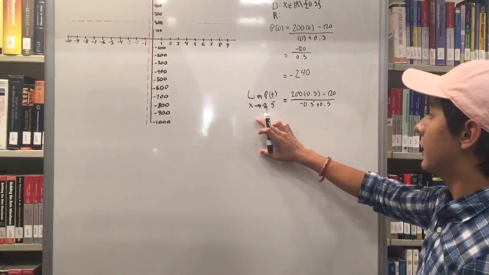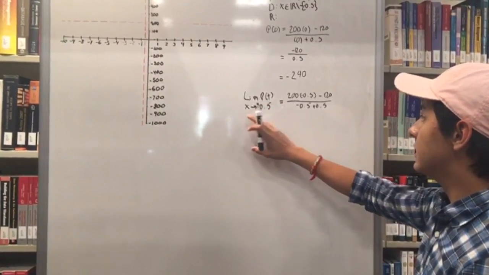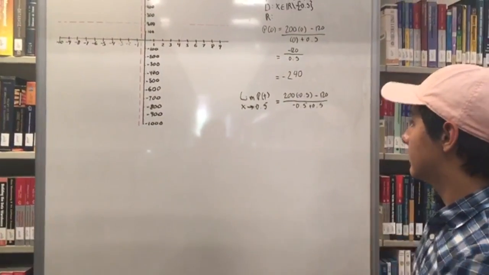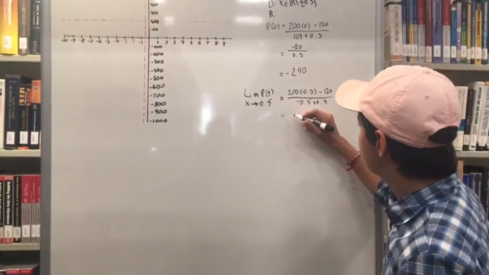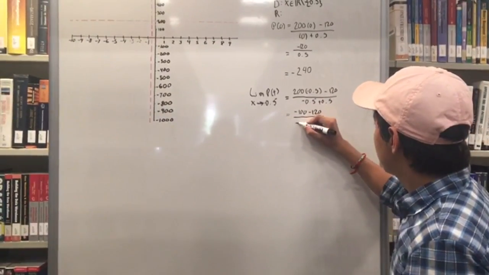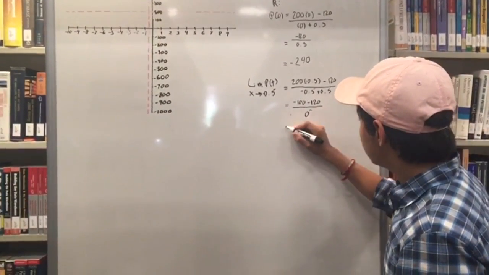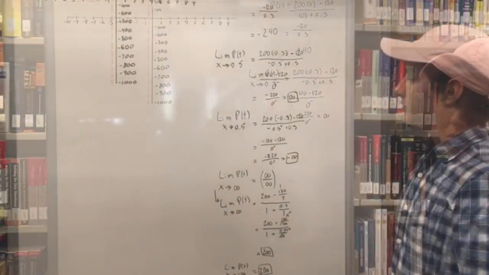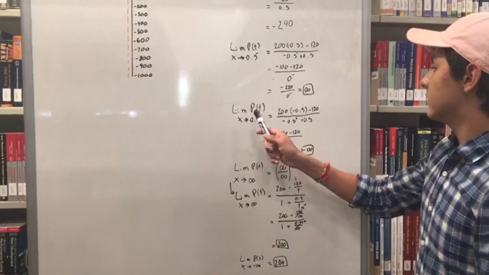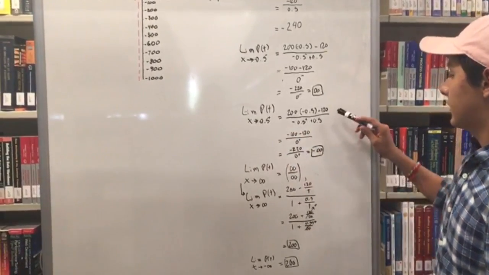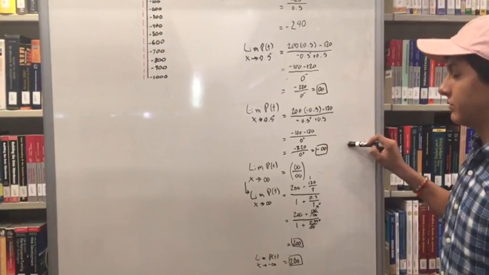We evaluate the limit of p of t as x approaches minus 0.5 from the left. Now we check the limit of p of t as x approaches minus 0.5 from the right, and we get minus infinity.